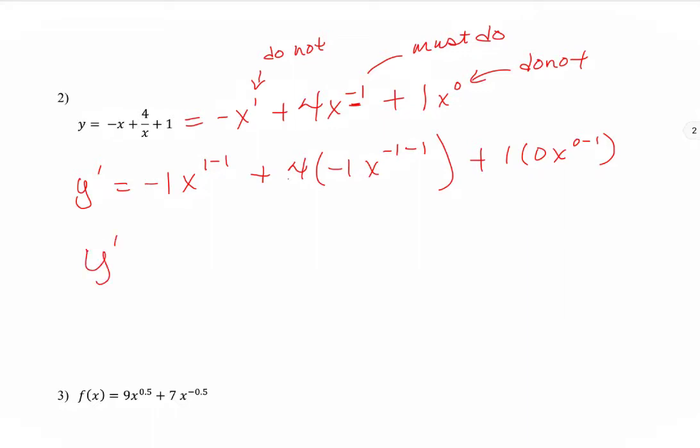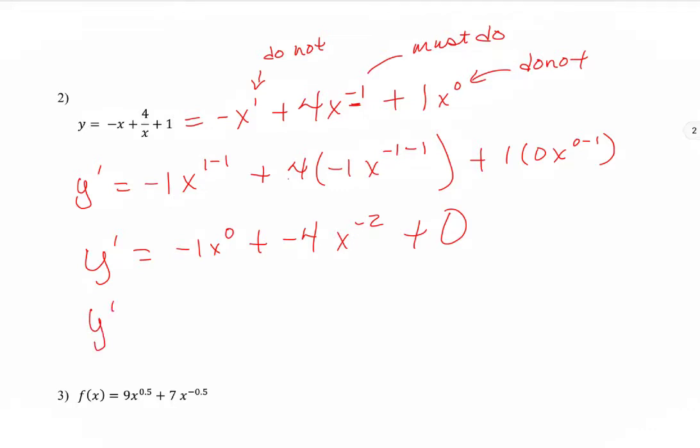So this becomes y prime equals negative 1x to the 0 plus minus 4x to the negative 2 plus 0. Okay, now I'm going to simplify again.